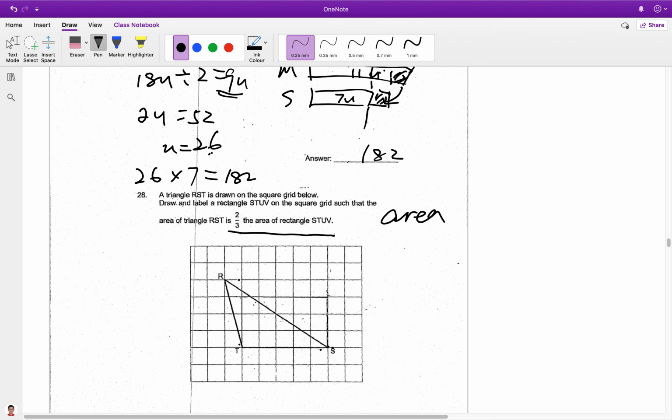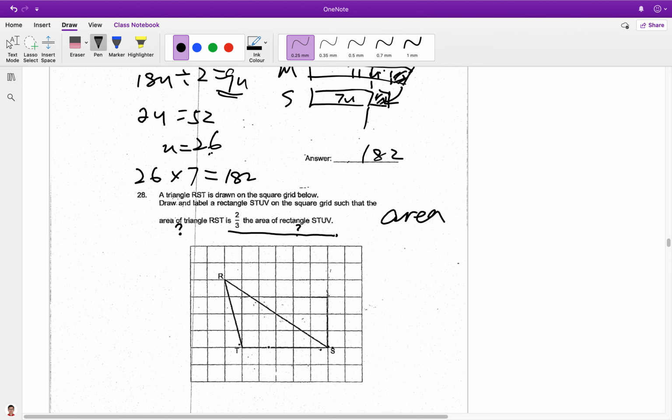So here, very straightforward. We want to find the area of the triangle first, right? Because the area of the triangle is already known, right? It's 2/3 of the area of the rectangle, right? If we know this one, then we can calculate this one, right?